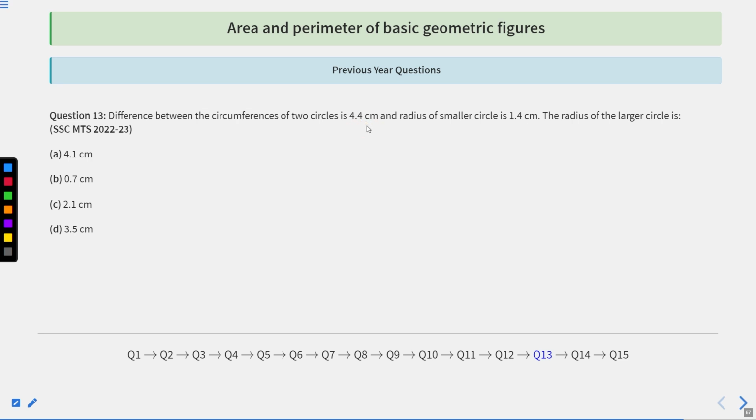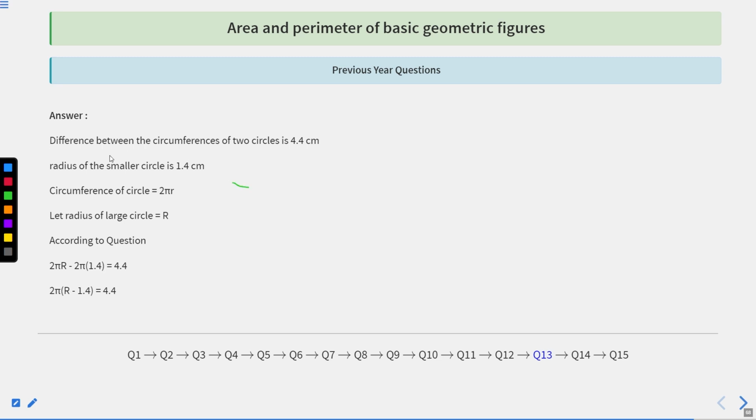The radius of the smaller circle is 1.4 centimeter. That is also given to us, and we are interested in finding the radius of the larger circle. So let us see how we are going to do that.